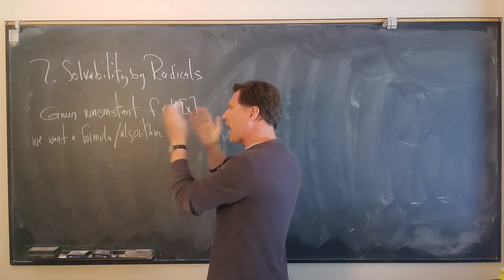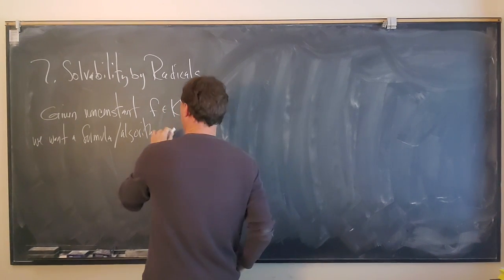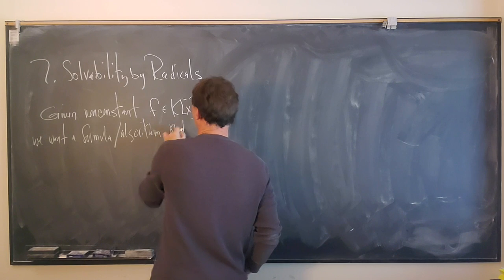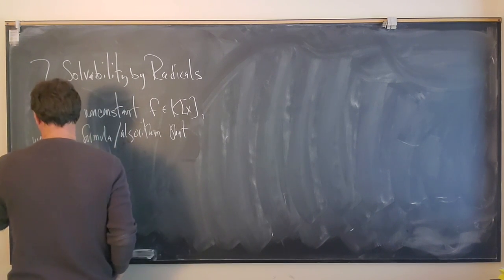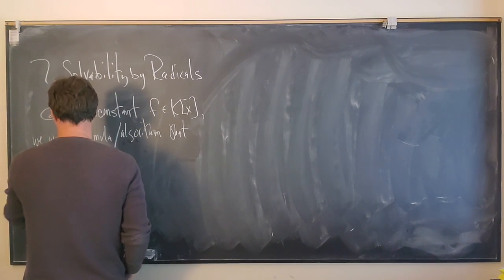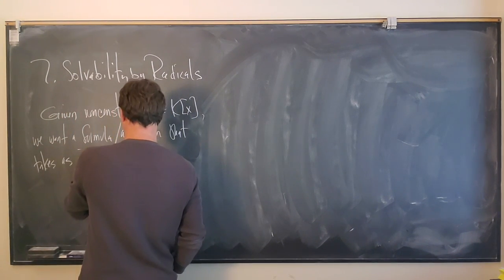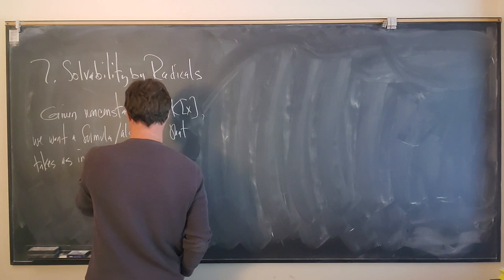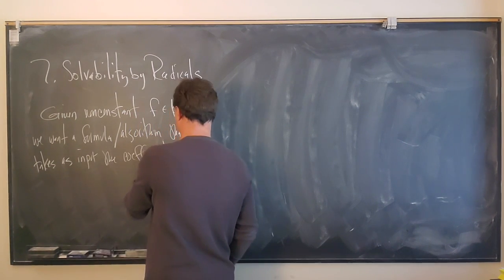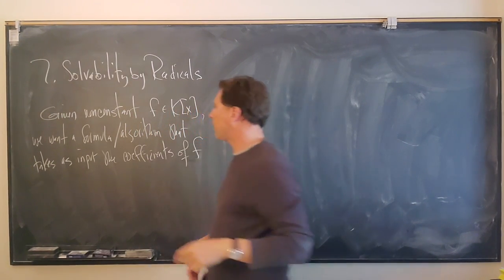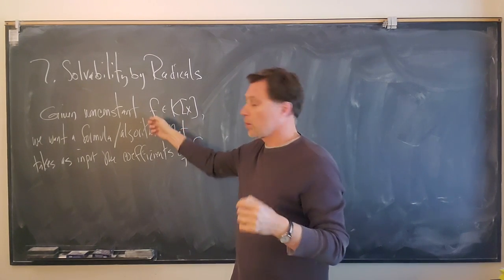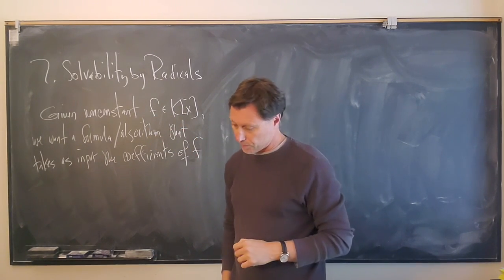How does this algorithm work? It takes as input the coefficients of the polynomial f. What determines the polynomial? The coefficients determine the polynomial.